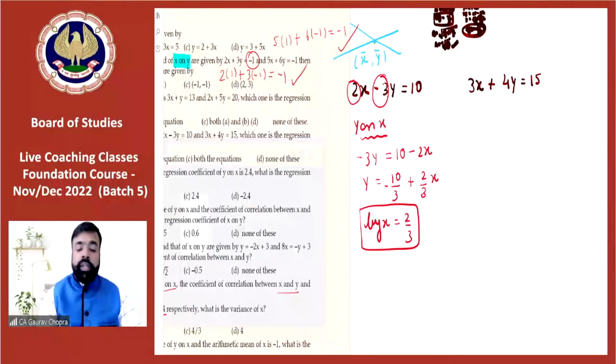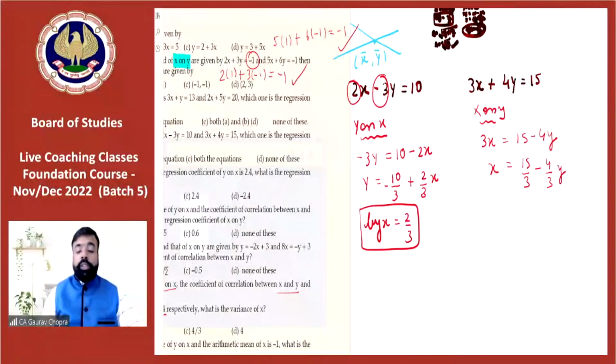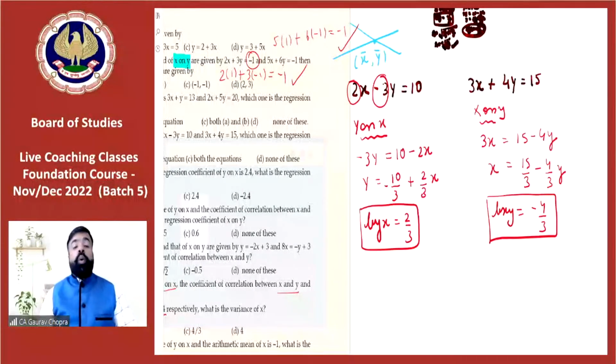Similarly, we can assume the second equation as x on y. So 3x is equal to 15 minus 4y, so x is equal to 15 by 3 minus 4 by 3y. Now this time you can see that the value of bxy is minus 4 by 3.